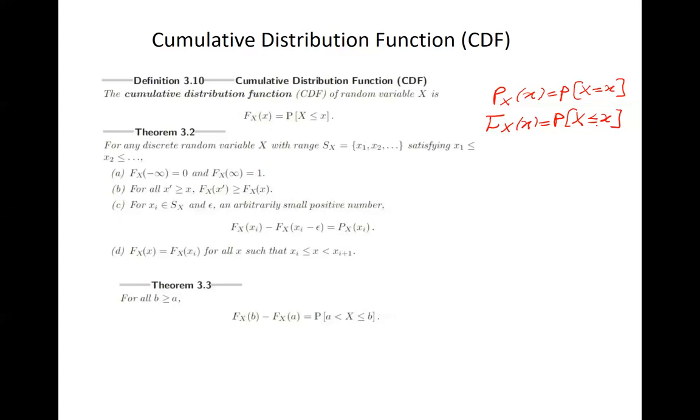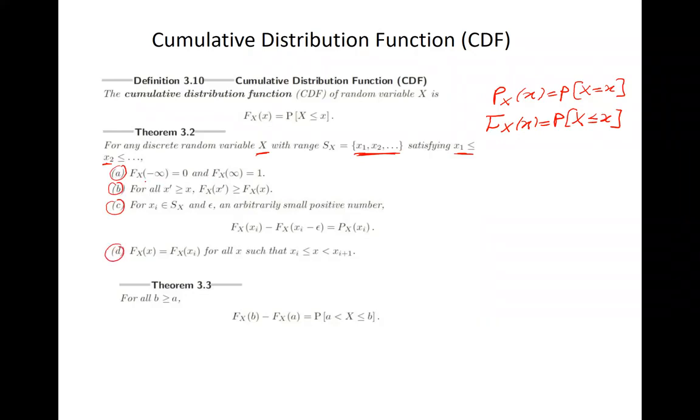Here are the properties of the CDF for any discrete random variable X, whose outcomes might be x1, x2, and so on. If x1 is less than or equal to x2, so these are ordered outcomes, then we can use these properties.